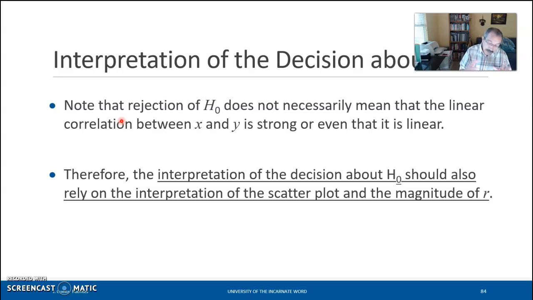Or you may have a strong relationship, but it's not linear. So it's very important that when you interpret the test about the population correlation coefficient, you supplement that with the scatter plot and the magnitude of the sample correlation coefficient. This is very important, and I'll show you in the coming example how we use these two to help in the interpretation of the test.